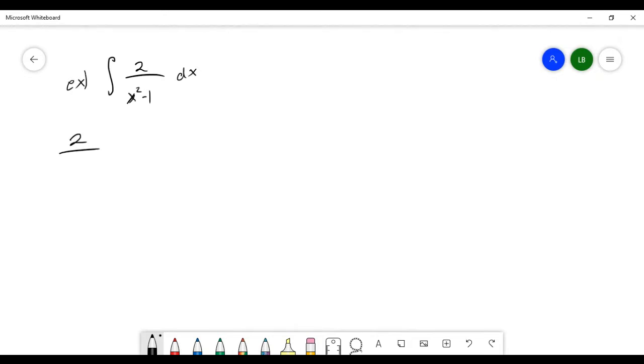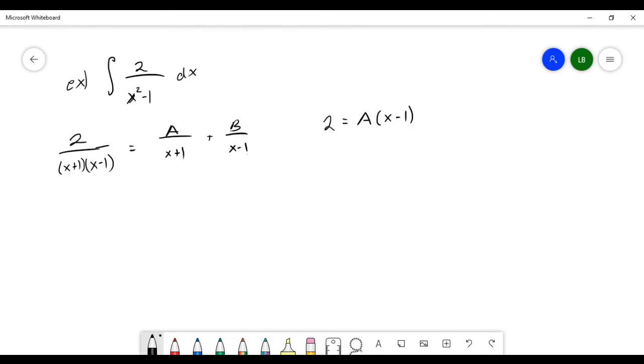Regardless, we know that 2 over x squared minus 1, factoring the denominator into x plus 1 times x minus 1, means it's equal to some a over x plus 1 plus b over x minus 1. What that tells us is that 2 is equal to a times x minus 1.